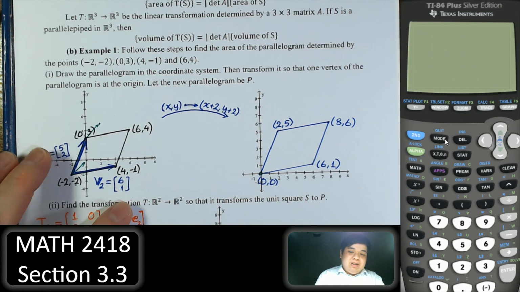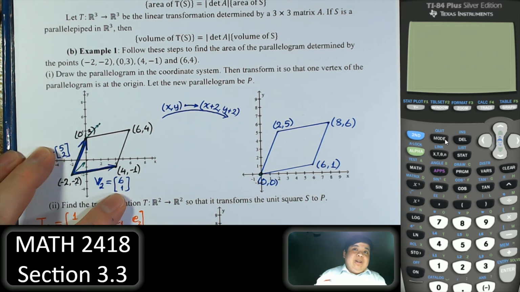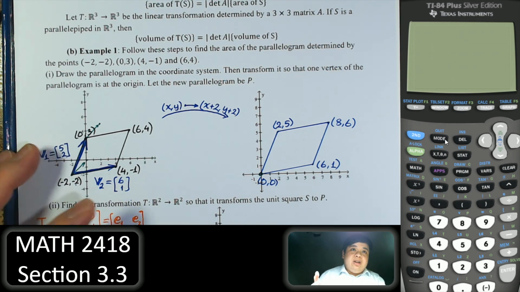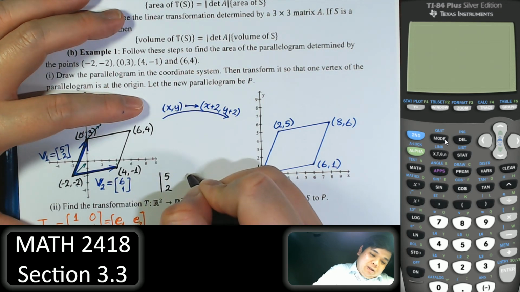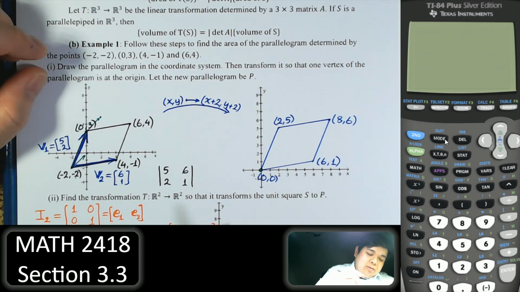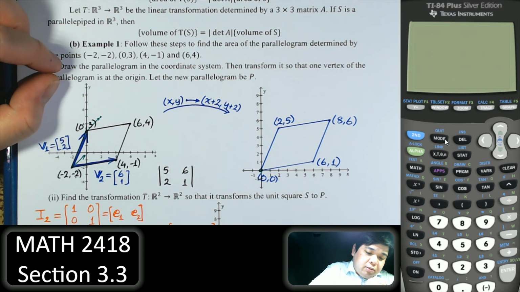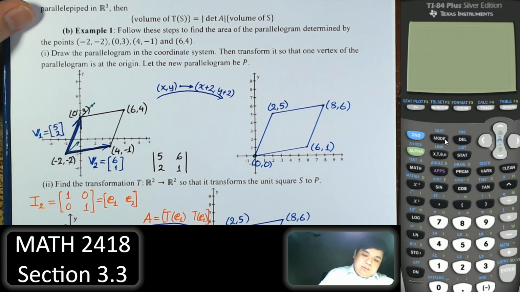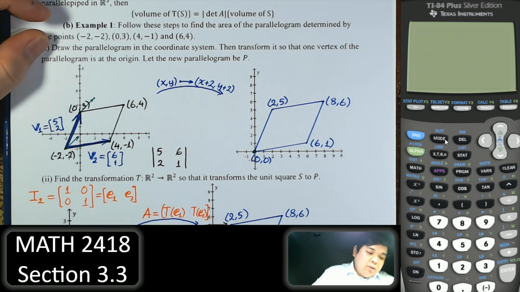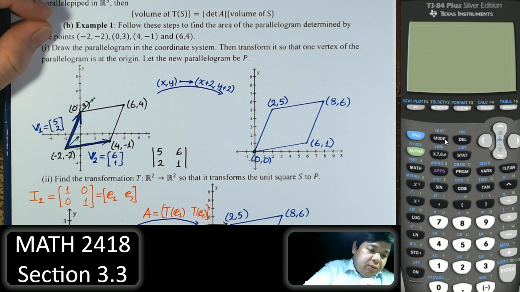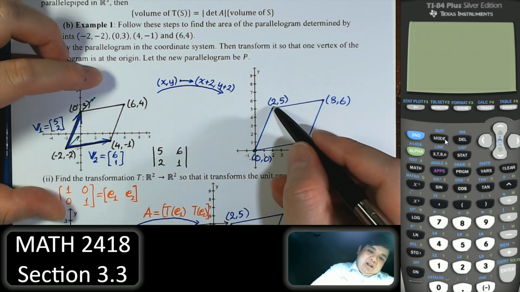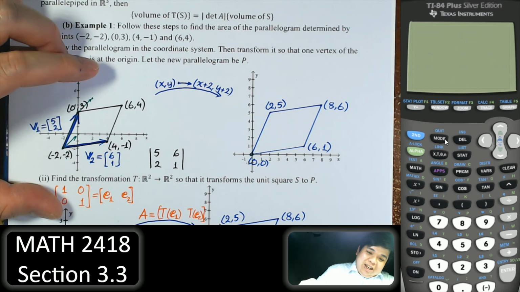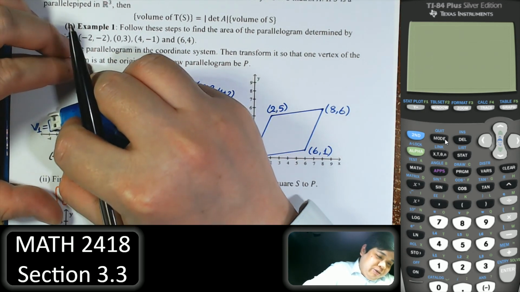So now we have those two vectors. If we just want to find the area of the parallelogram formed by those two vectors, just put in the determinant, right? Oh, we just say in this case, it's not 5 and 2, it's 2 and 5.